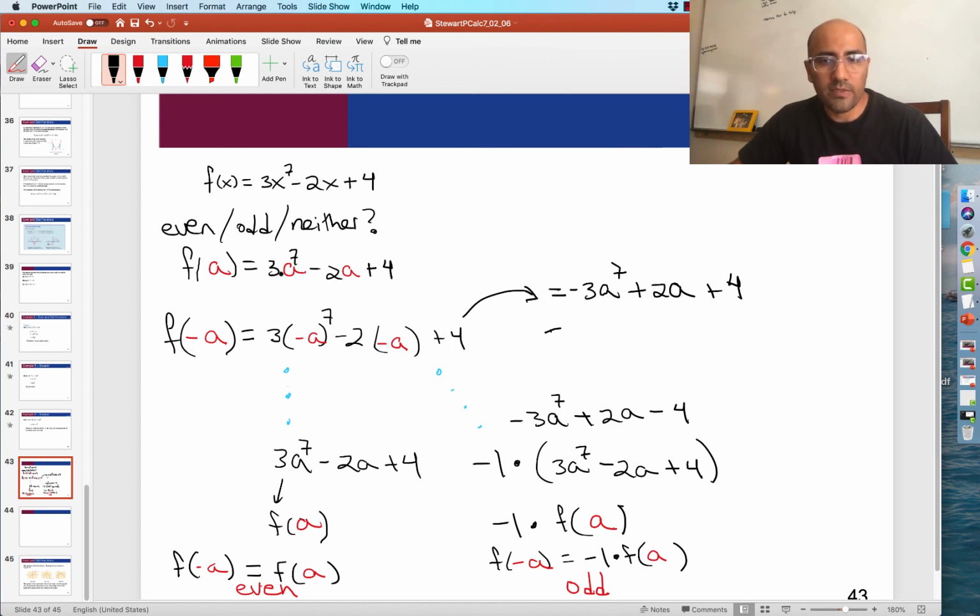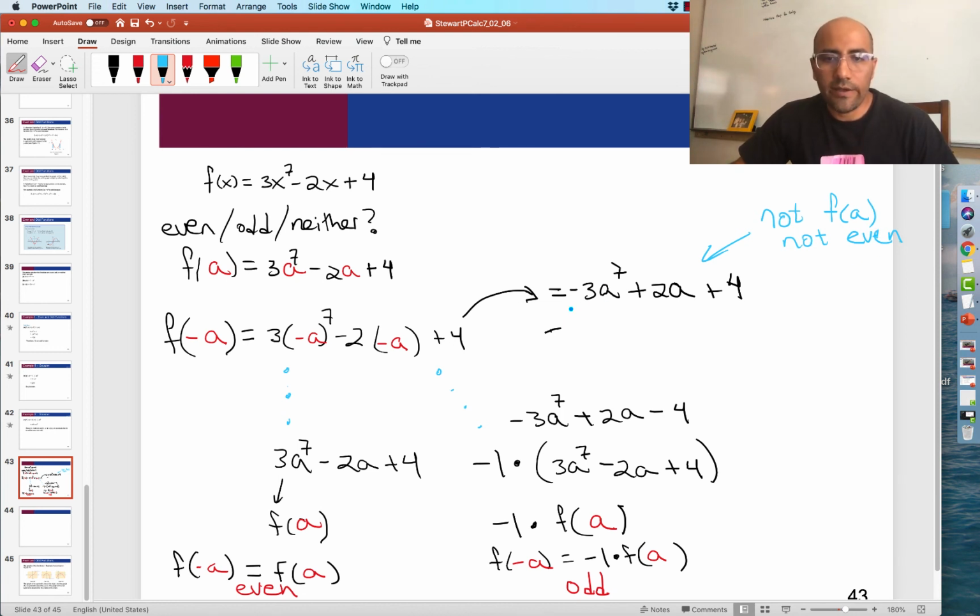It's close, but not quite there. It's off by signs. This one is positive 3a to the 7th, this one's negative 3a to the 7th. This one's minus 2a, this one's plus 2a. So it's definitely not equal to f of a. So I've ruled out even. This definitely cannot be even.